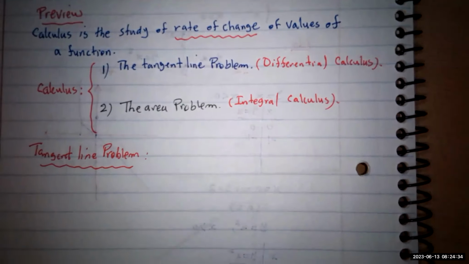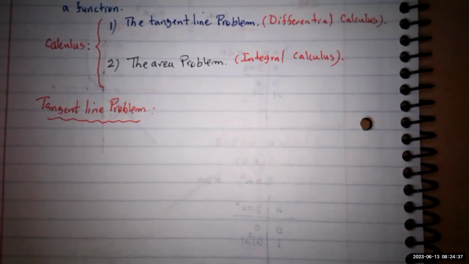So what is the tangent line problem? This problem was around for many, many years, and Isaac Newton, the great English mathematician, was the one who solved it right at the beginning. There are some other people who did it too, but mostly Newton. So what is this problem?